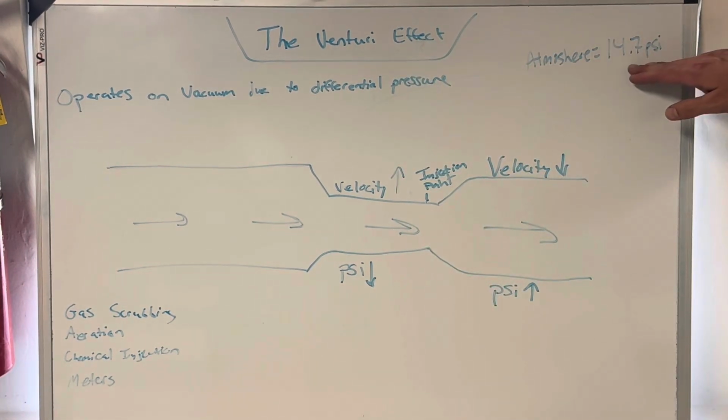Now, atmosphere is typically standard atmosphere. This is going to be give or take relative to where you are, relative to sea level, but 14.7 psi is standard atmospheric pressure. Okay, it's not measured in psi, it's measured in different units, but I'm just going to say it for the sake of our conversation here.